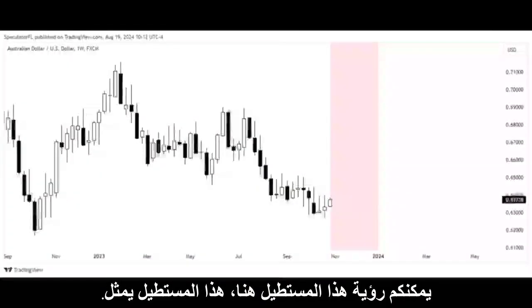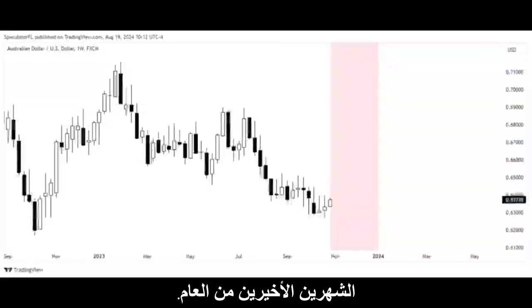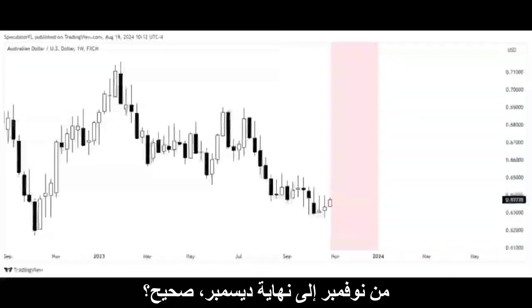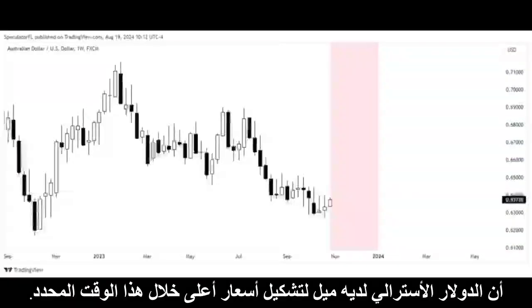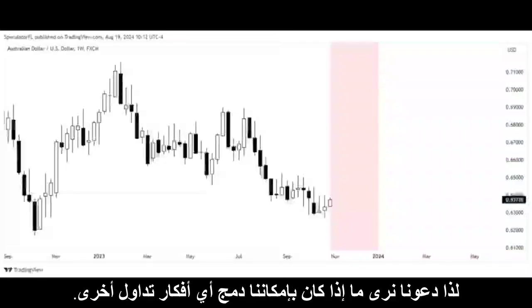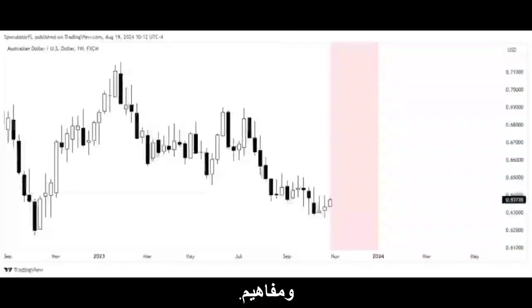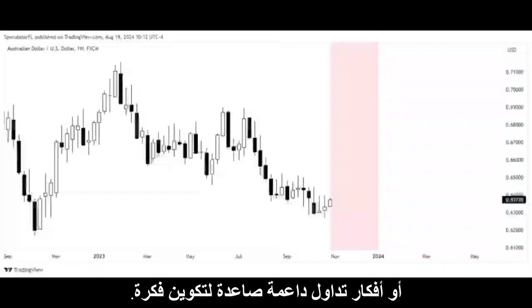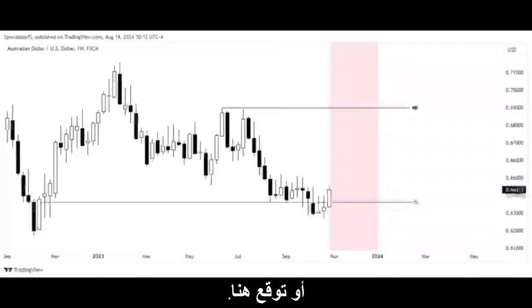You can see this rectangle right here. This rectangle represents the last 2 months of the year, from November to the end of December, and we learned that the Aussie dollar has a tendency to form higher prices during this time inside this rectangle. So let's see if we can combine any other bullish supporting trade ideas and concepts to form an idea or prediction here.